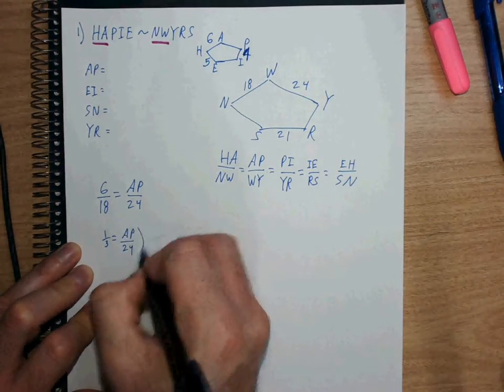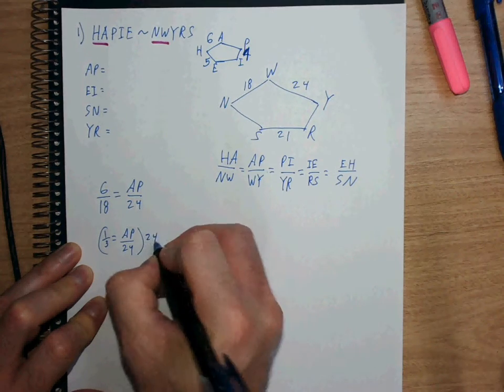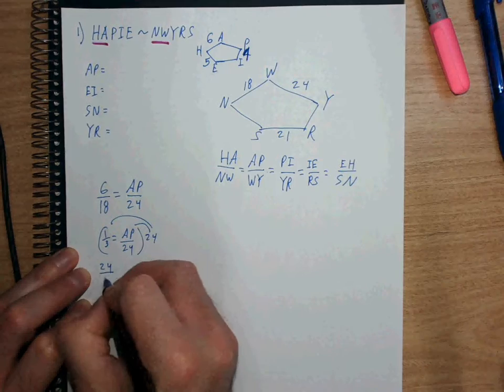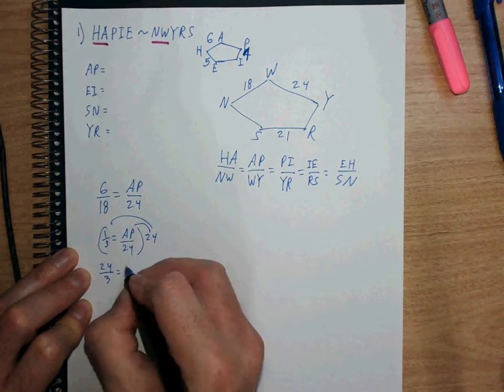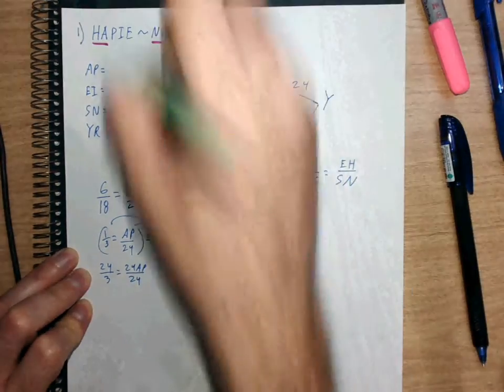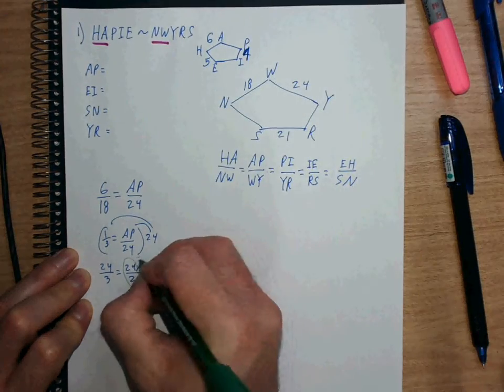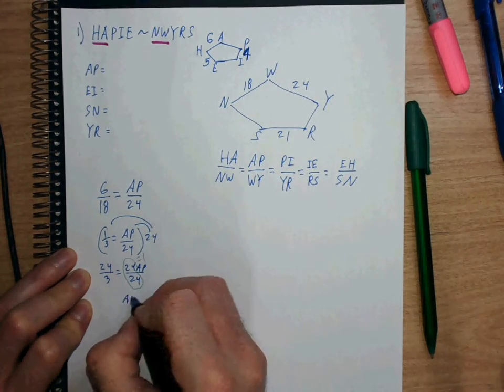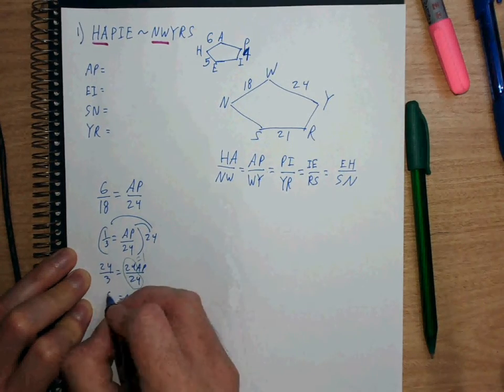I'm going to multiply both sides by 24. And I'm going to say 24 over 3 equals 24 AP over 24. So 24 over 24 is 1. 1 times AP is just AP. 24 over 3 is 8.